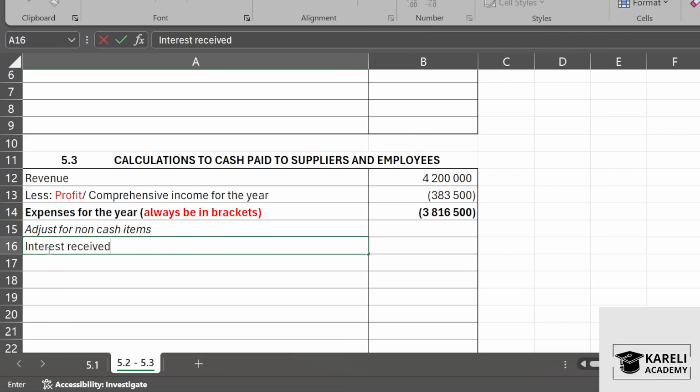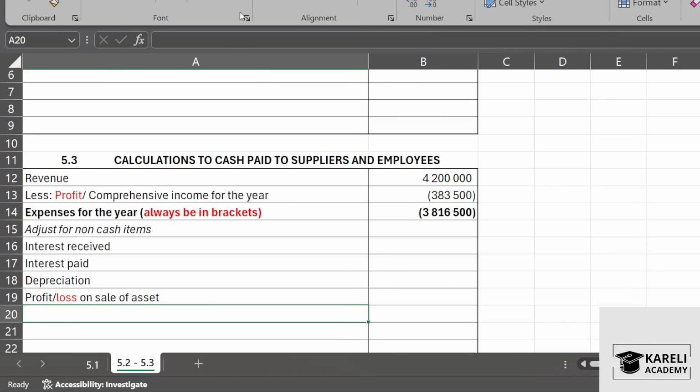Remember, you don't receive money for interest, but you know it's an income, so it's a non-cash item. Interest received. We also have interest paid. Can also have depreciation. Can also have profit or loss on sale of asset. We'll write the correct one as we come to that.